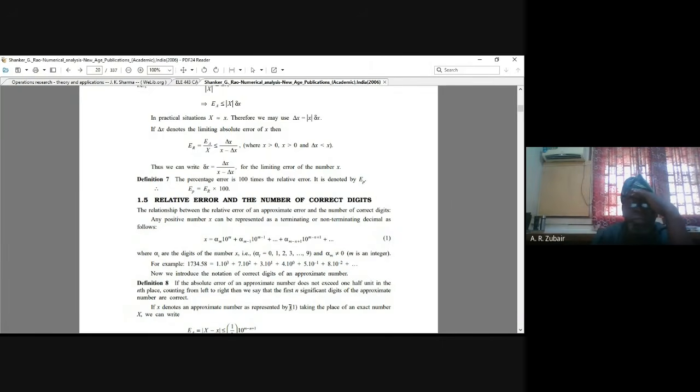Now we introduce the notation of correct digits of an approximate number.